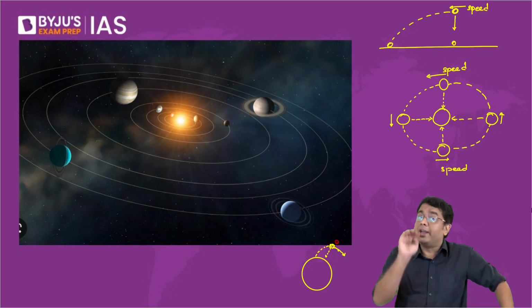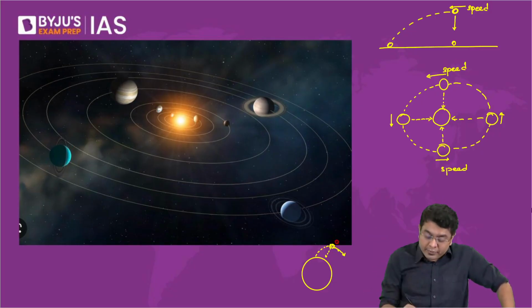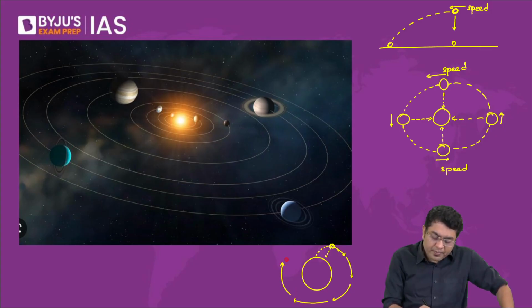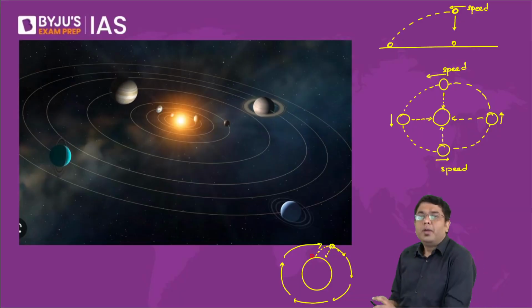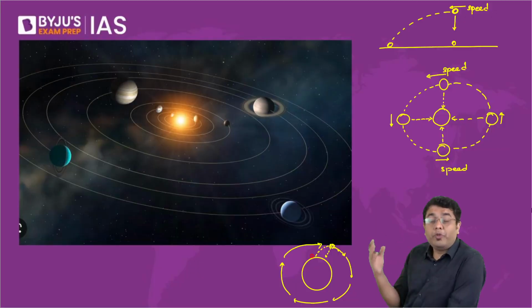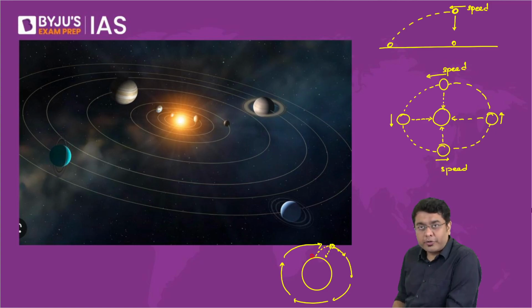But that rocket has provided it with a speed. So, just like in this scenario earlier, this satellite will keep on moving around the Earth. That is the entire principle driving the movement of objects around each other in space.